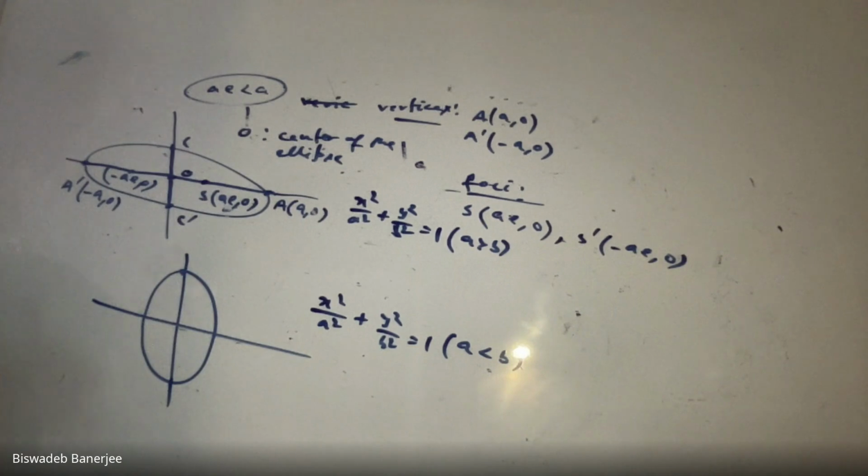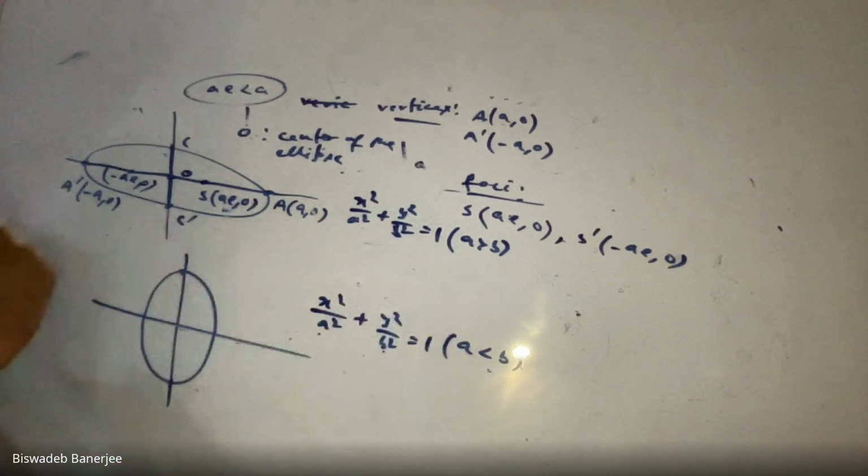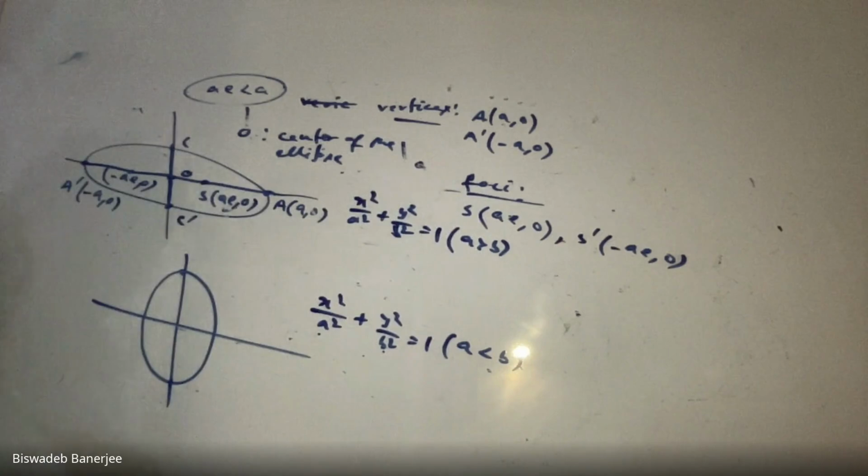In this case, my length of minor axis is again 2b and length of major axis is 2a. So all the remaining things are the same. There is no change in the diagram, just the focus will be different.